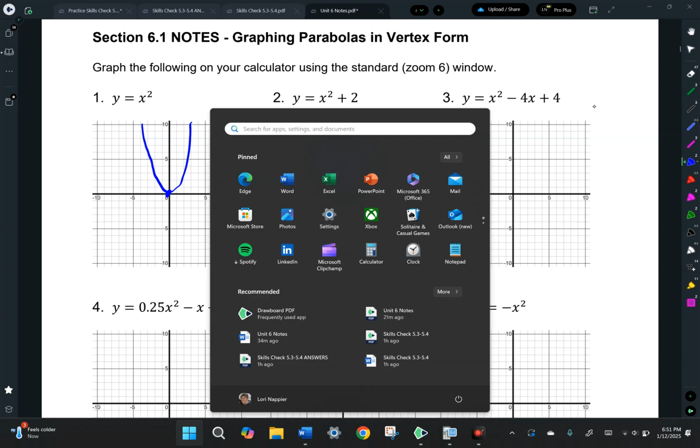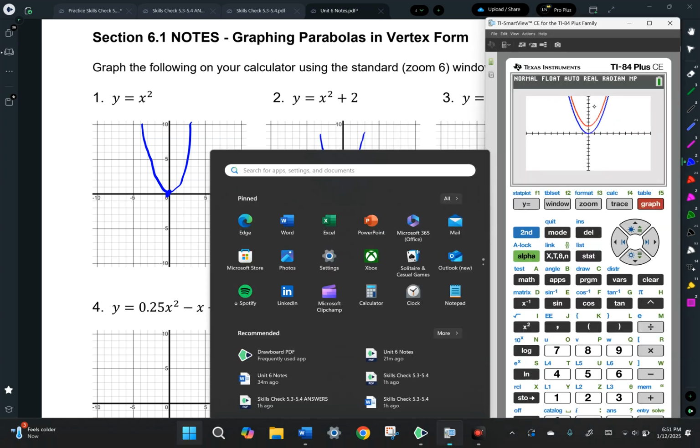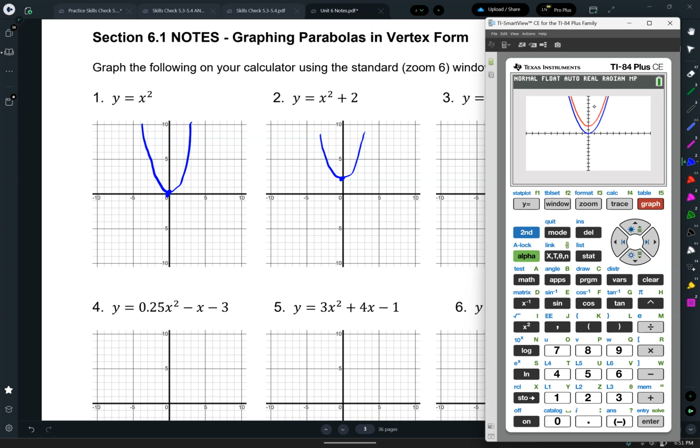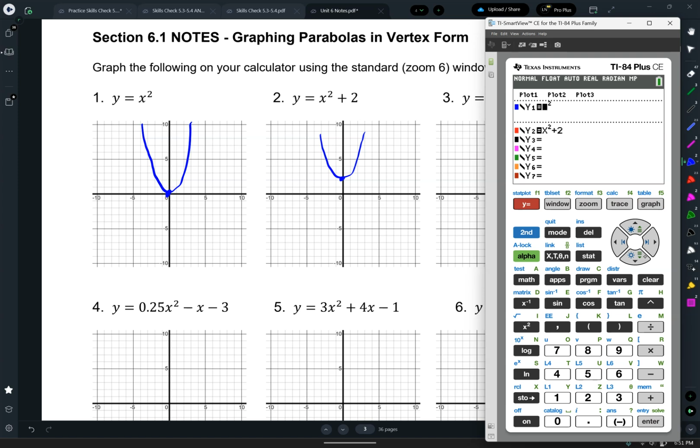And let's see, I could put in the next one, which was, well, I'm going to go down to number 4. So for number 4, I'll just clear these out. I'll put in that next one, which is 0.25x squared minus x minus 3. So it's another version. It has an x squared, but it has other numbers.